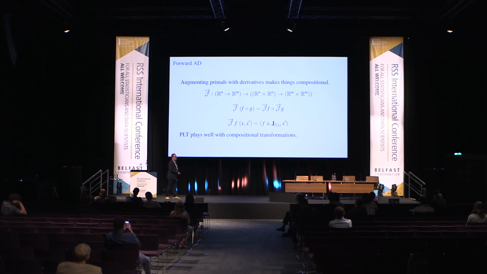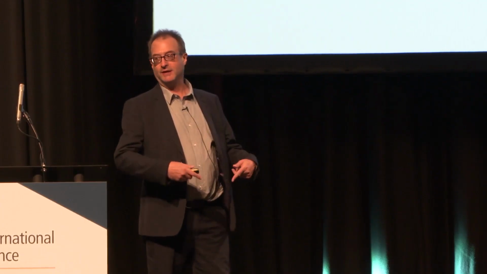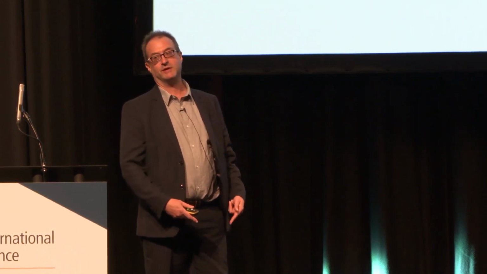Okay, so what's nice about something being compositional is that it plays well with compilers. If you have a programming language compiler, it can dive into the code, and if it's transforming lots of functions, and the transformation is compositional, it can go in and bottom out on the individual functions.